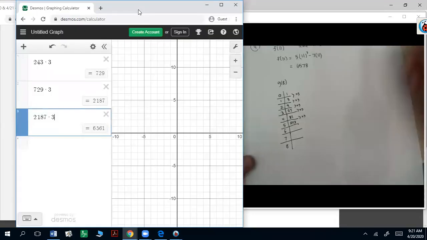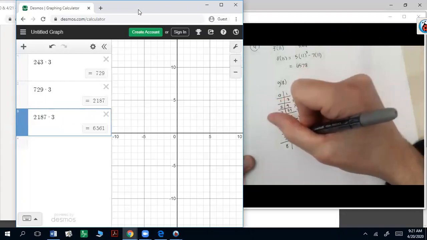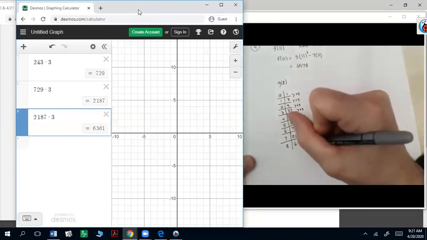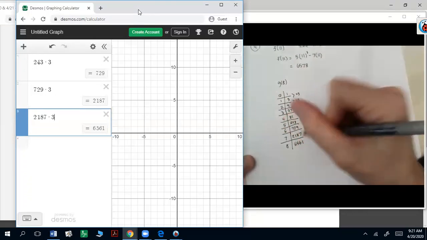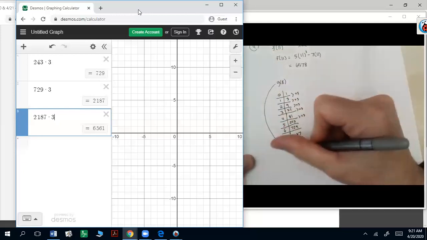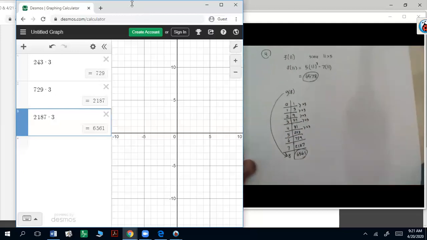So let's take a moment to jot those down. So g of 8 is 6561. And so now the question is really, what is f of 11 minus g of 8?